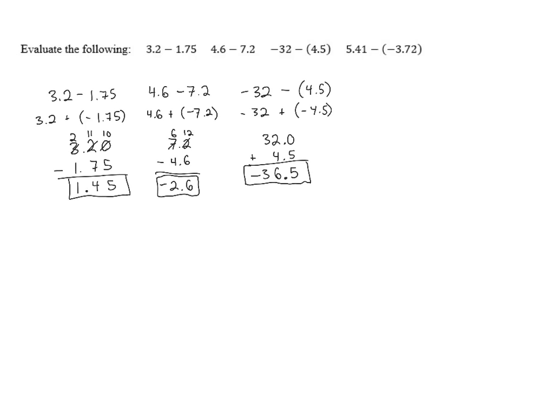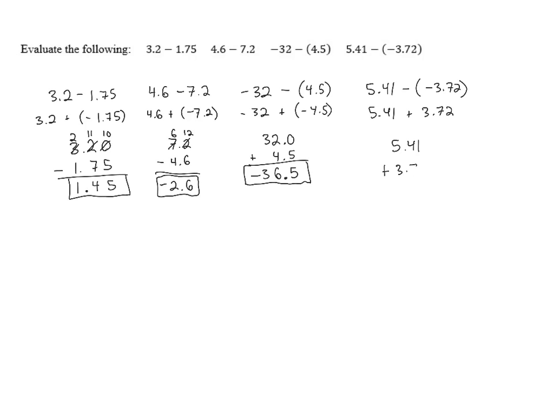So that means that here we're going to have negative 36.5. And we've got one more. 5.41 minus negative 3.72. What do we do when we're subtracting a negative? It's the same as adding a positive. So we've got 5.41 plus 3.72. Both of these are positive, same sign, we take the sum. There's nothing negative about this anymore, it's all going to be positive.